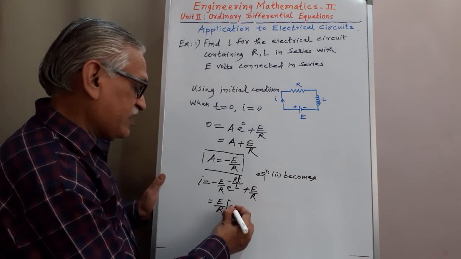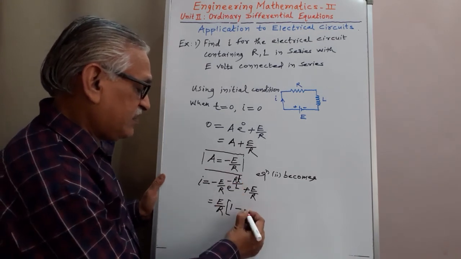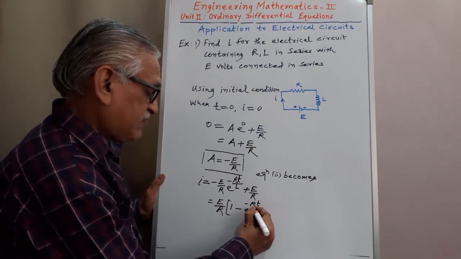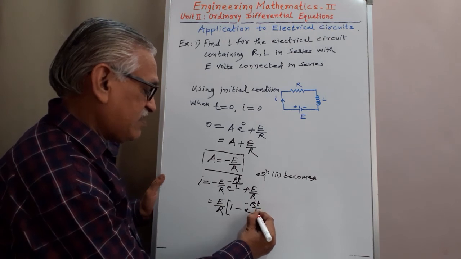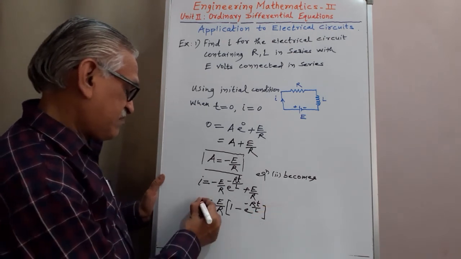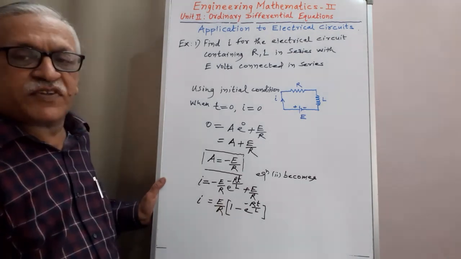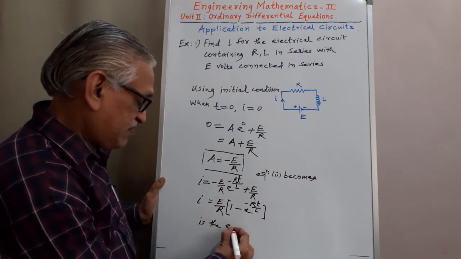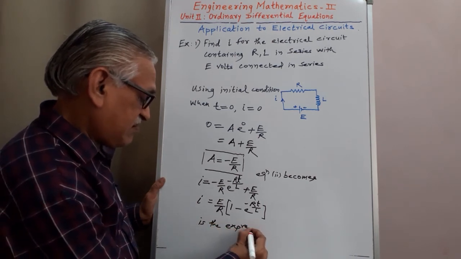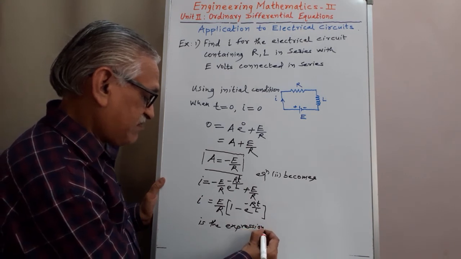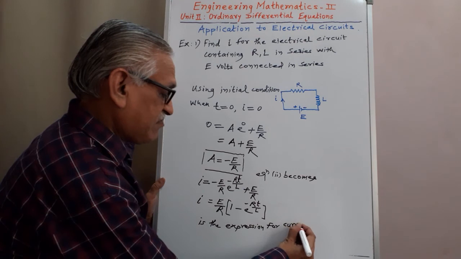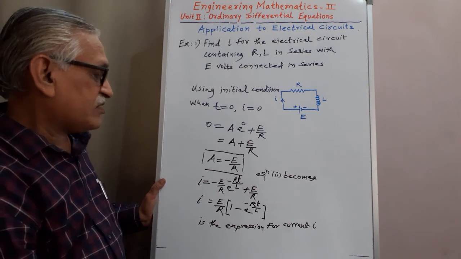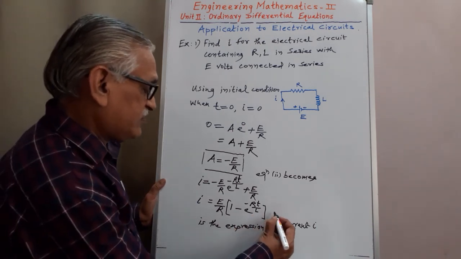We get I equals E by R times 1 minus e raised to minus RT divided by L. This is the required expression for current I. We call this equation number 3.